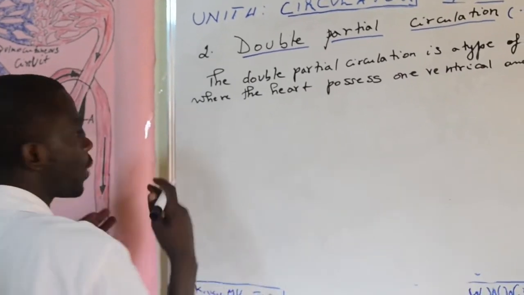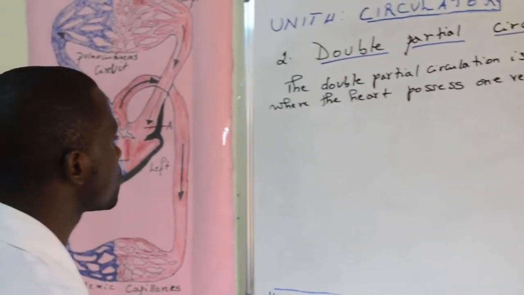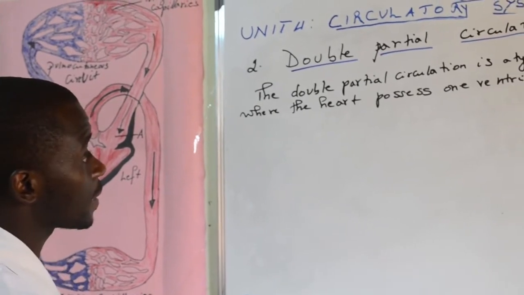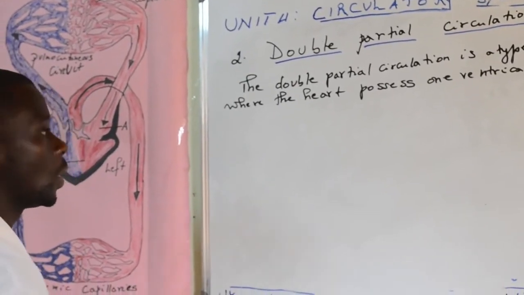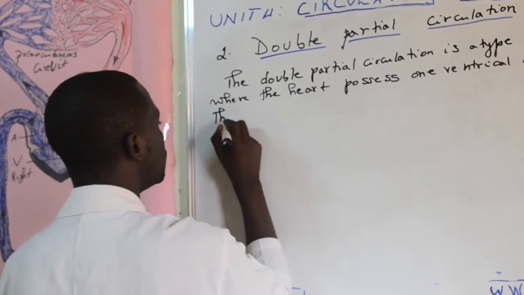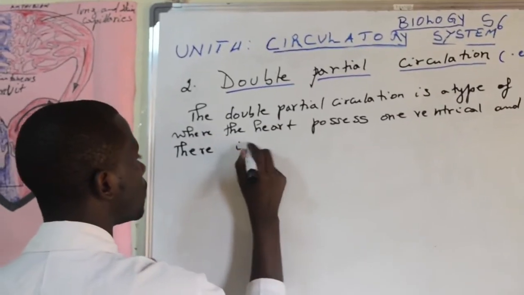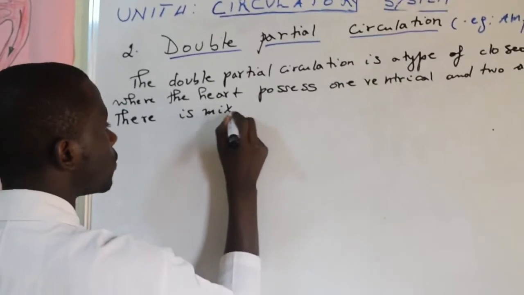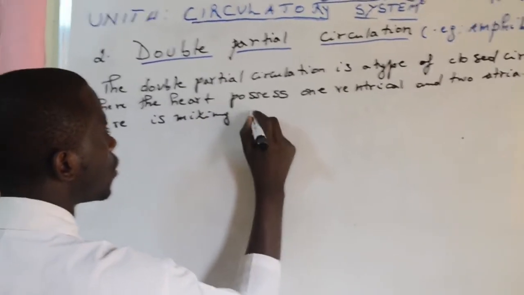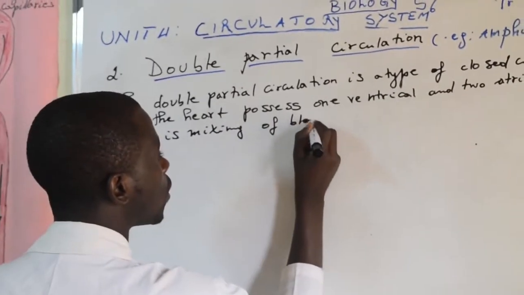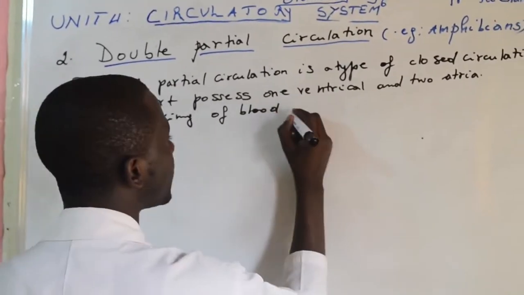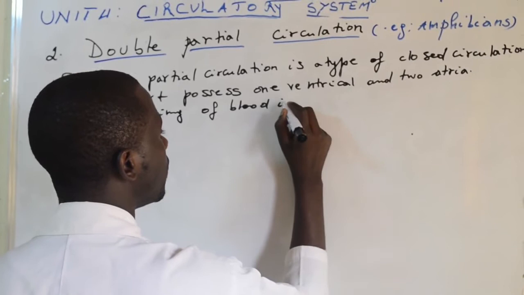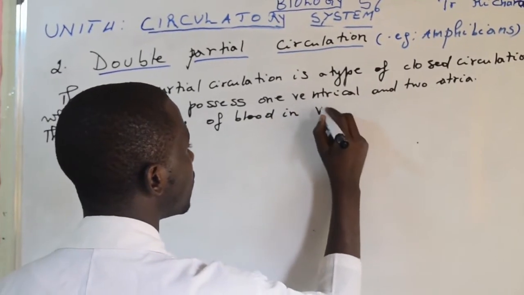So we are going to see how it works, why it is double partial. There is partial mixing of blood in the ventricle.